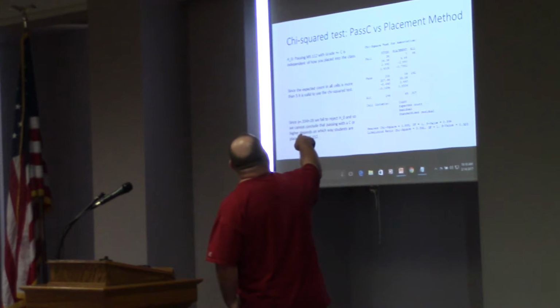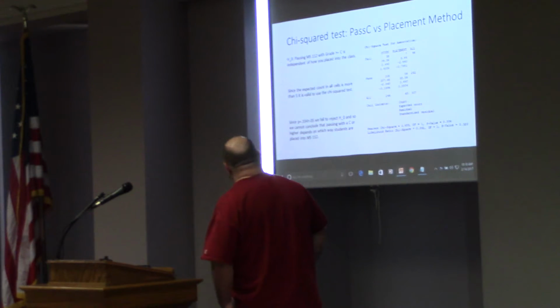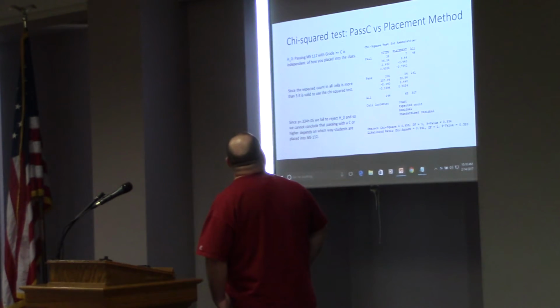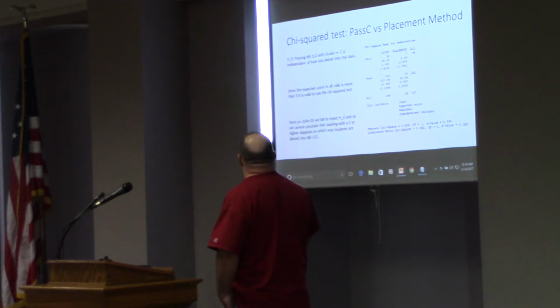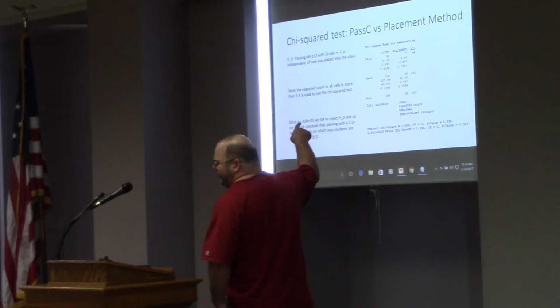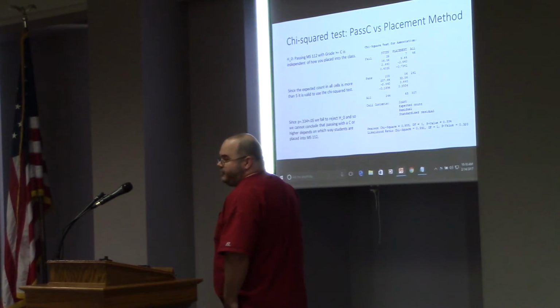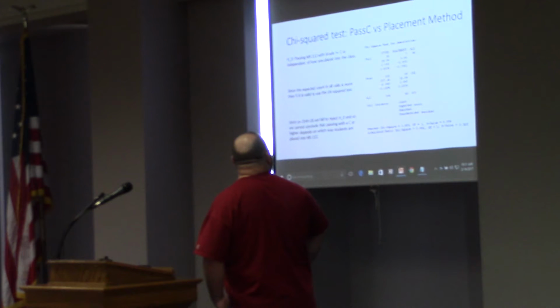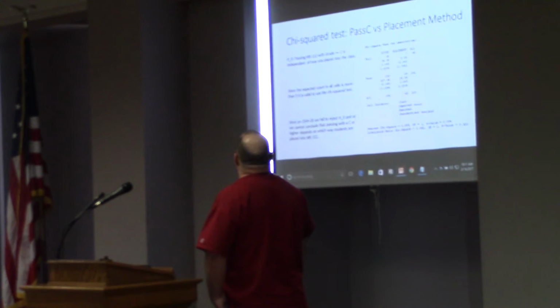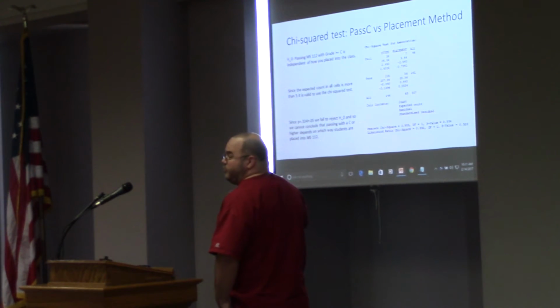205 study path passed, 56 failed. The number below that, the 36.56, is what you would expect to be in the study path and to have failed if this is independent, and same for all the other numbers. When you do this analysis, what we found was a p-value of 0.32, which means we failed to reject the null hypothesis, which indicates that whether you passed or failed is independent of how you got into the 112 class.